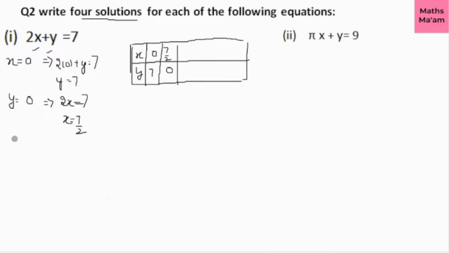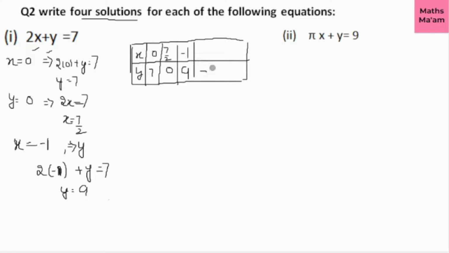And if you have x is equal to minus 1, then 2 times minus 1 plus y is equal to 7, or y is equal to 9. So we can write here minus 1 and here 9.